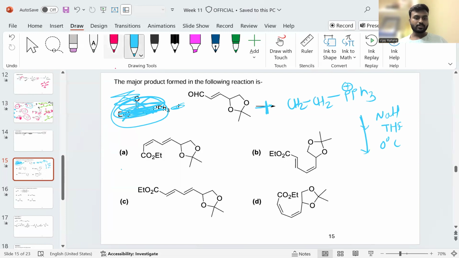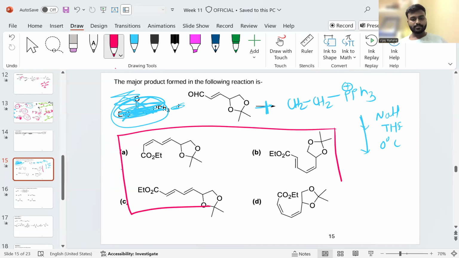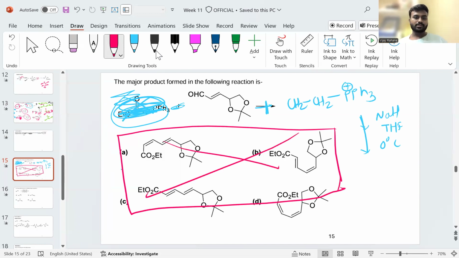Ignore these options. What will be the product in this reaction? We have this aldehyde that will remain the same, so I will draw that one first. This part will remain the same, and up to here this carbon also remains the same.